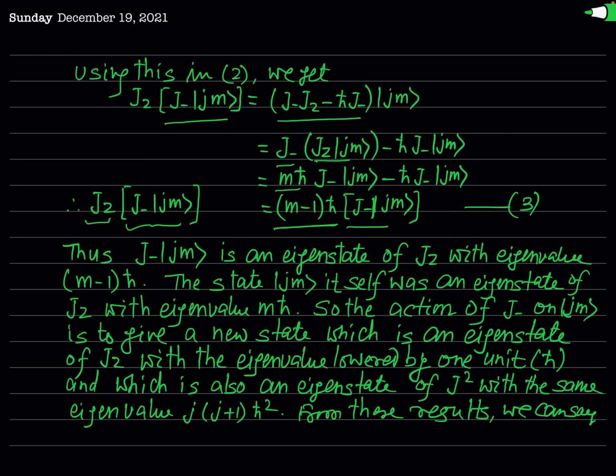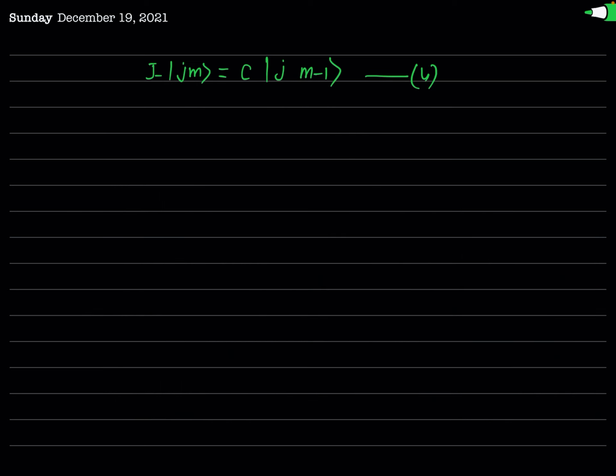It means the eigenvalue of this operator Jz is lowered by 1 unit, that is by ħ. So in the case of the raising operator, the eigenvalue of Jz is increased by ħ, and in the case of the action of this lowering operator on |k,j,m⟩, the eigenvalue is decreased by ħ. So from these two results, we can conclude that this state J₋|k,j,m⟩ can be written as a constant factor times |k,j,m−1⟩.